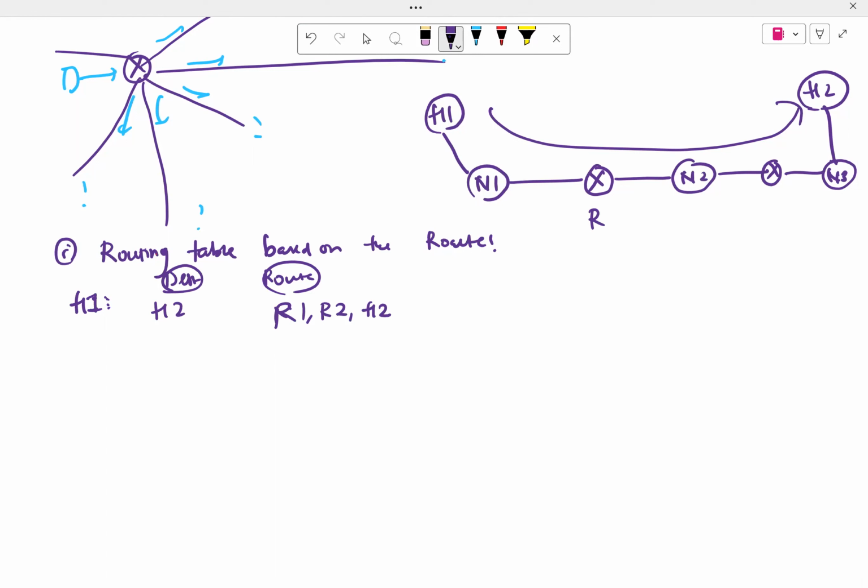Let's call this router 1 and this router 2. The routing table at router 1 would be destination host 2, path is router 2, host 2. The table at router 2 would be destination host 2, route is directly host 2.